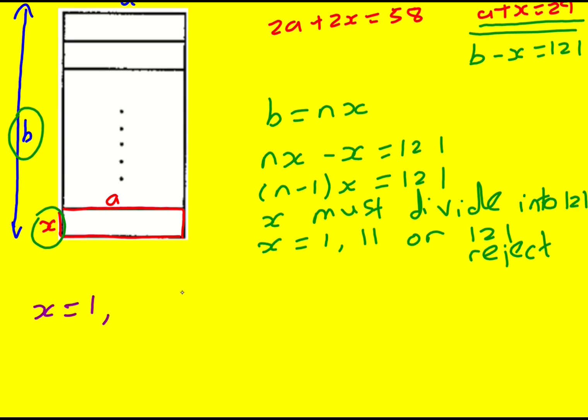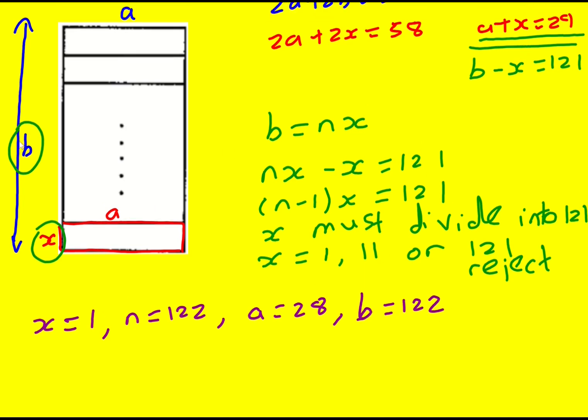x equals 1, then n minus 1 would be 121, which means n would equal 122, meaning I'd fit 122 rectangles inside the main rectangle. A plus x is 29, so A is going to equal 28, and B is also going to equal 122.